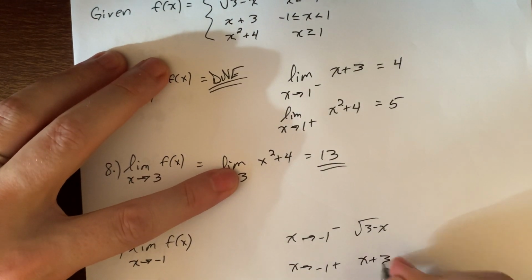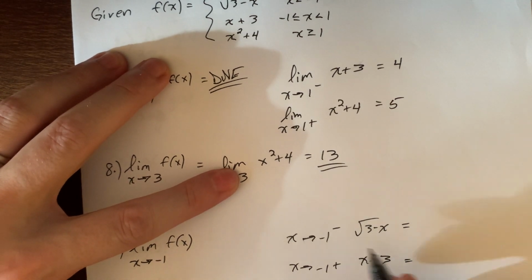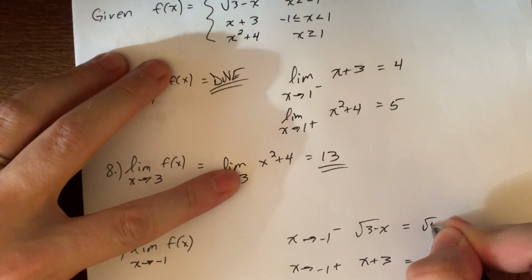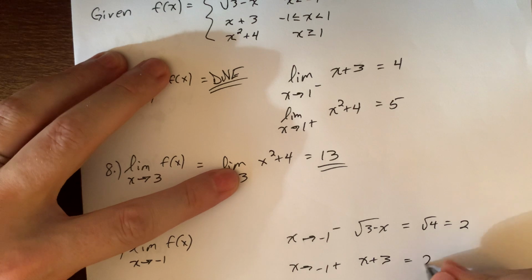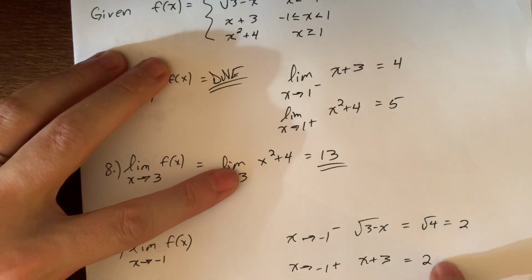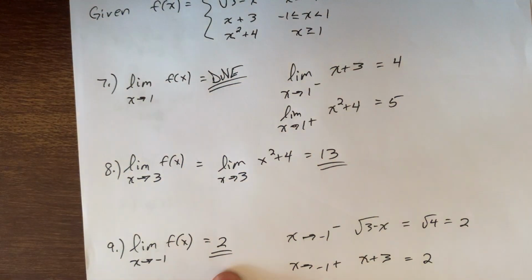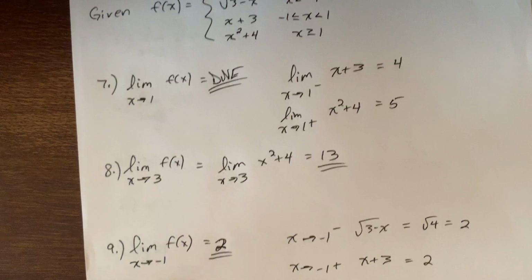So we'll use the x plus 3, but now I'm just plugging the -1 in both. So here, 3 minus a -1 is 4, square root of 4 equals 2. And then here, -1 plus 3 is 2. This time they did match, so we do get an answer. The limit as x approaches -1 is just 2.